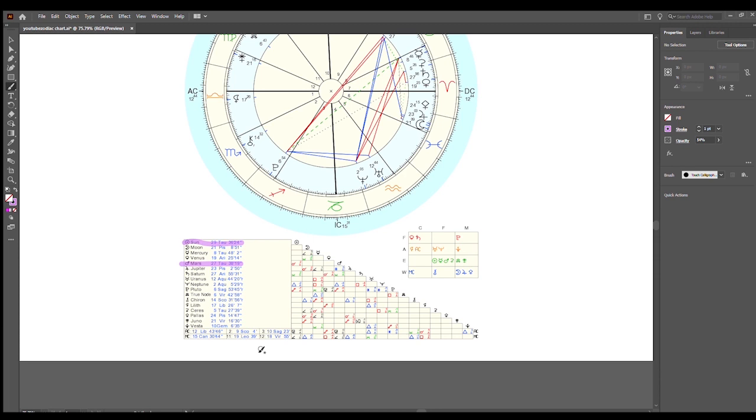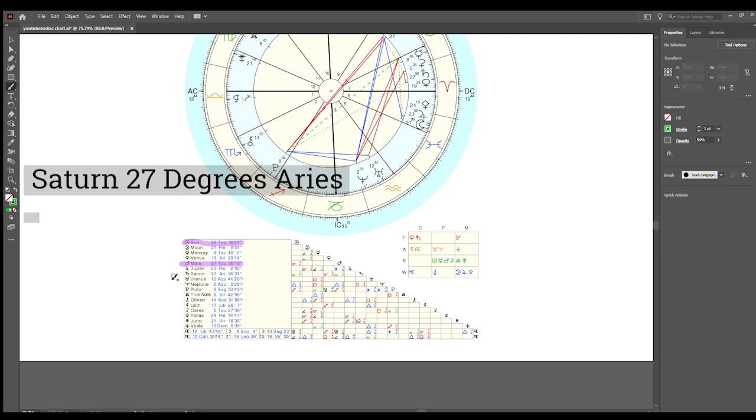So if you look through the ebook, you will find that this birth chart has starseed alignments with two other star systems. And I will highlight those in a different color. So here we have another conjunct alignment with the Andromeda galaxy, and that is Saturn 27 degrees Aries. So that is another conjunct alignment that is listed in the ebook under the Andromeda galaxy.